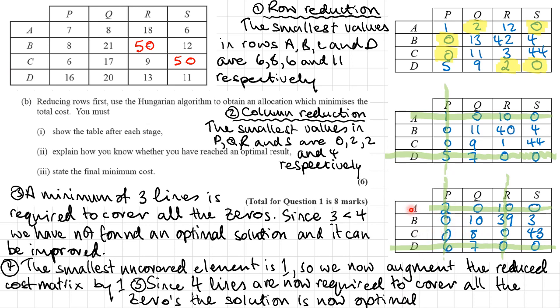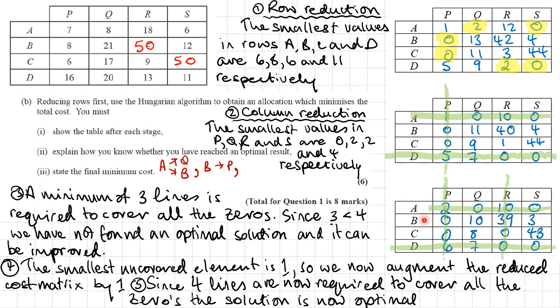So let's now look at what allocations we can do. Okay, so we're looking for the zeros in the table. So if we start with A, it can be allocated to Q or S. So I'll just put A here, and it can be allocated to Q or S. If we move on to B, it can only be allocated to P. So that choice is made for us.